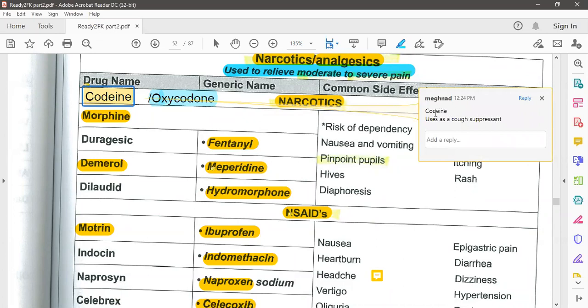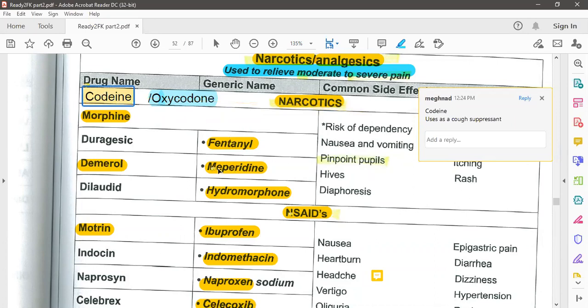When your patient takes codeine, tell them to take it with food. Why? To prevent nausea and vomiting, because codeine has that side effect. They can cause nausea and vomiting, but when they take it with food, lunch or dinner, they can avoid it.